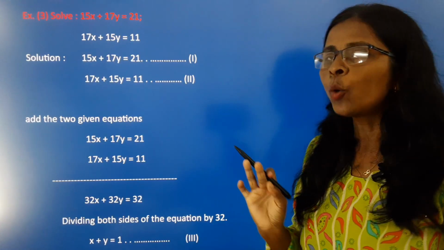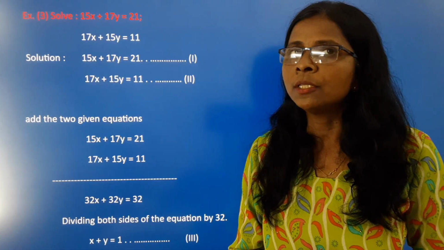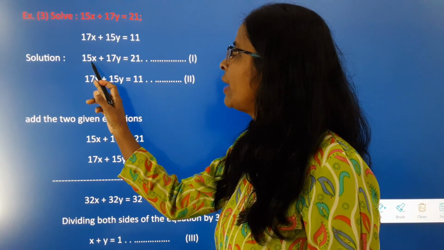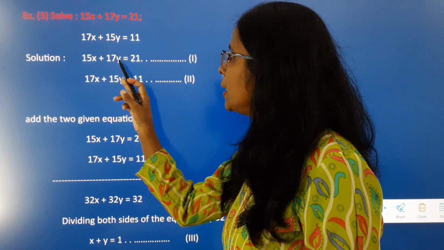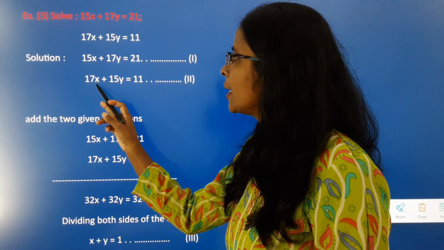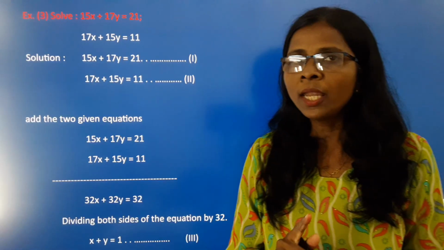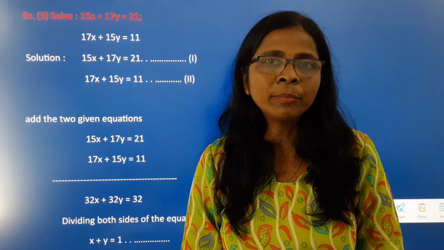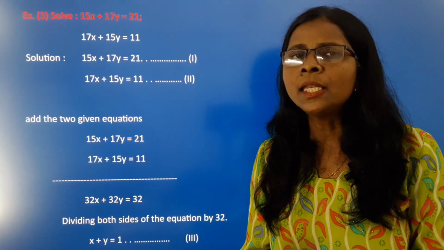Now here, observe these two equations carefully, students. See that the coefficient of x is 15 here, and here the coefficient of y is 15. In the first equation the coefficient of y is 17, and in the second equation the coefficient of x is 17. So the coefficients are present in reverse order, and that's why our job is very easy.